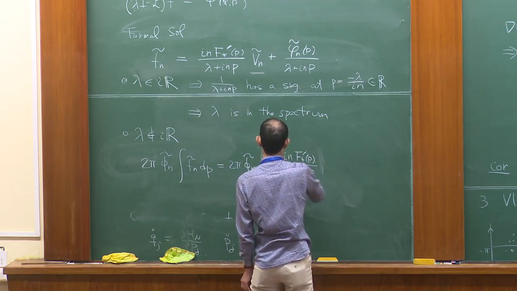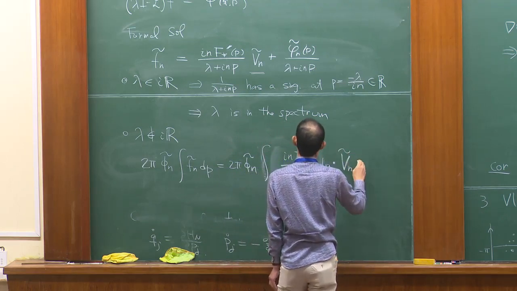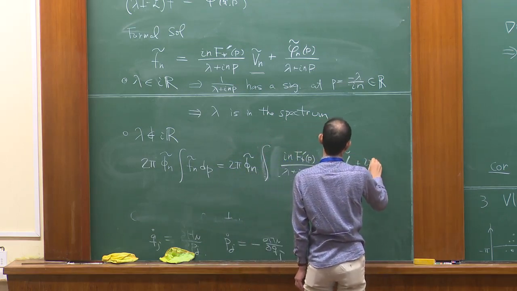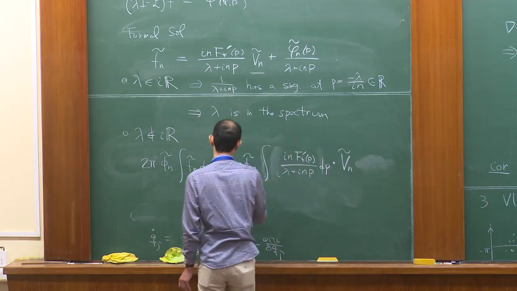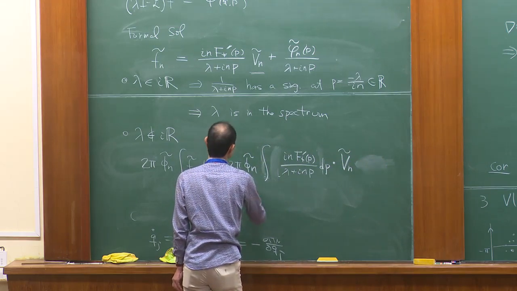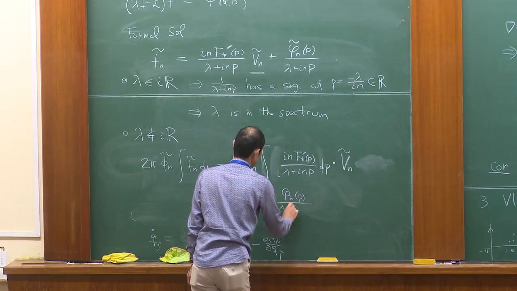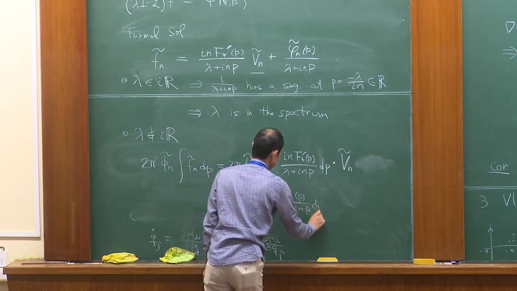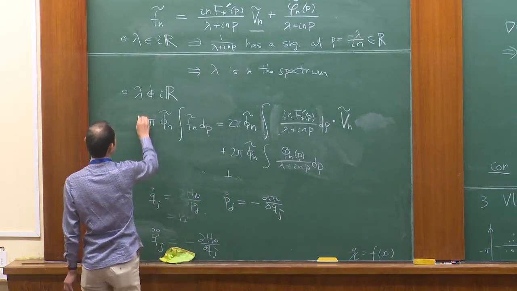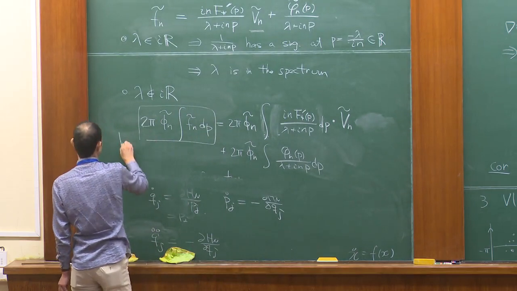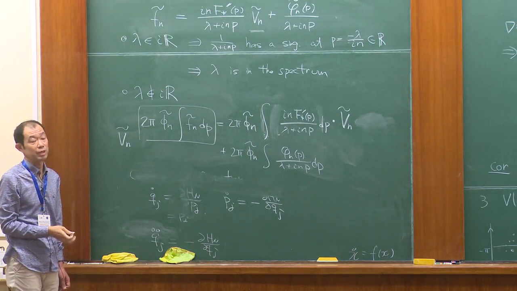So maybe it's better to write: dp times Vn tilde plus 2 pi phi n, and this function. So now this part is Vn tilde. So we have an equation for Vn tilde.